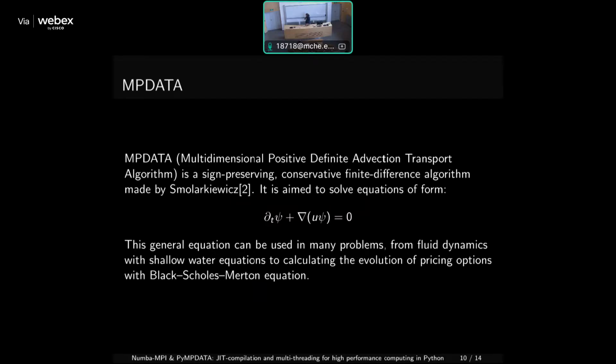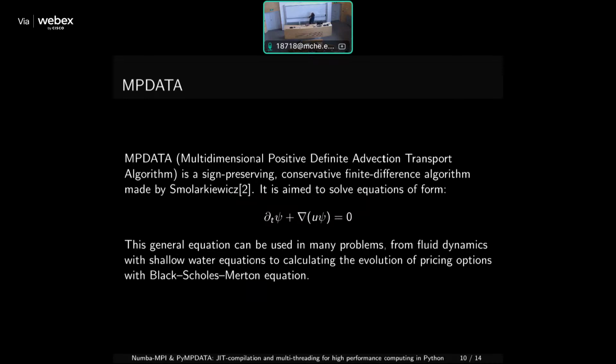So, why is all of this relevant? Well, I do simulations, large-scale simulations sometimes, and I want to be able to solve my equations fast, even on very big problems. So, I work with this algorithm called MPDATA, which is focused on solving convection problems.